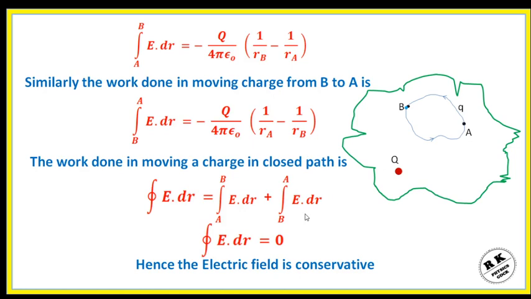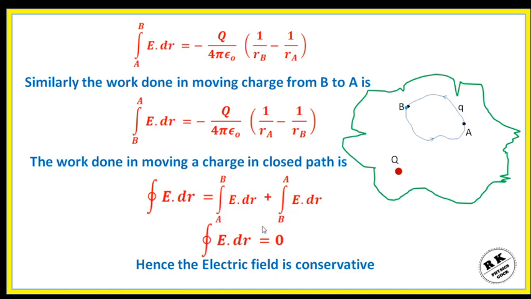Here it is independent of path, because if we move from one point to another in a direction, it will be some x, and in the backward direction, it will be minus x. So the total becomes 0. So we can conclude that the electric field is conservative in nature. This is the mathematical explanation of the conservative nature of the electric field.